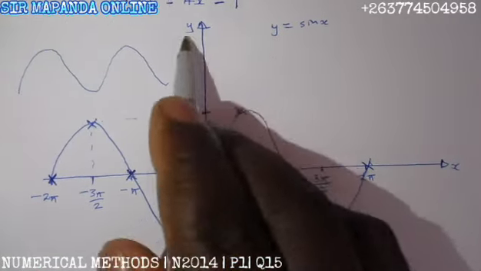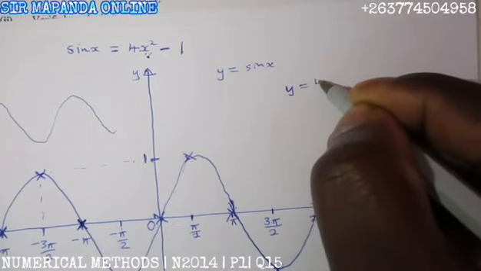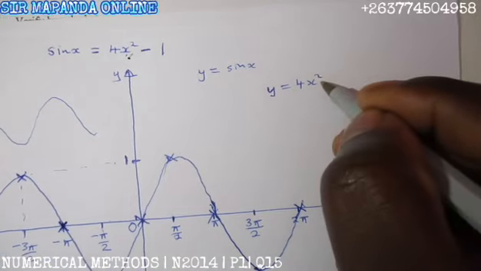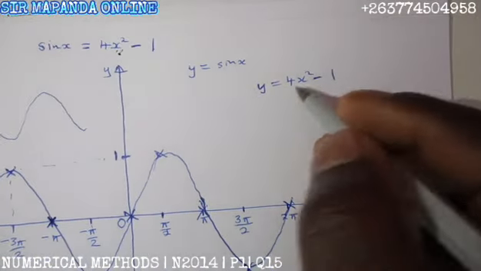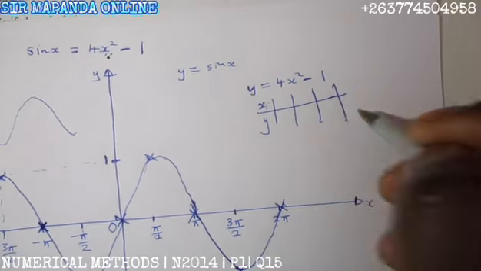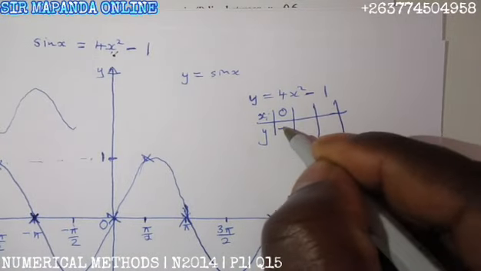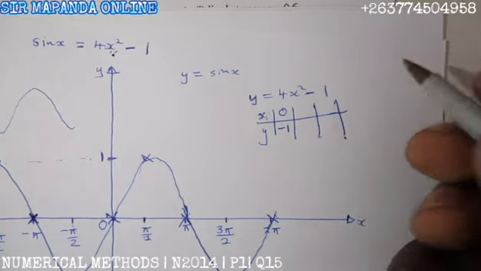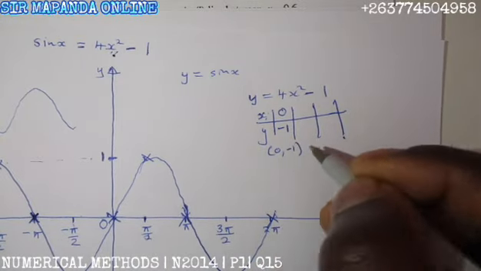Then move on to the graph of y = 4x² - 1. So let us identify the intercepts. Right. So when x is 0, y is equal to -1. So the first point is (0, -1).